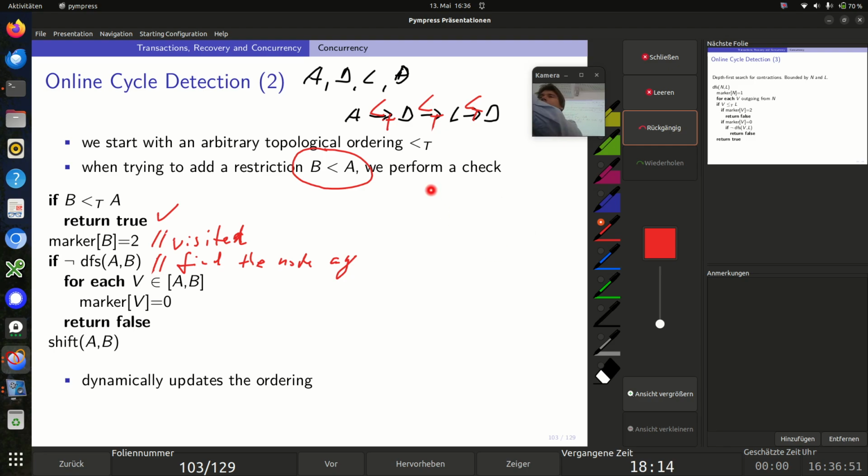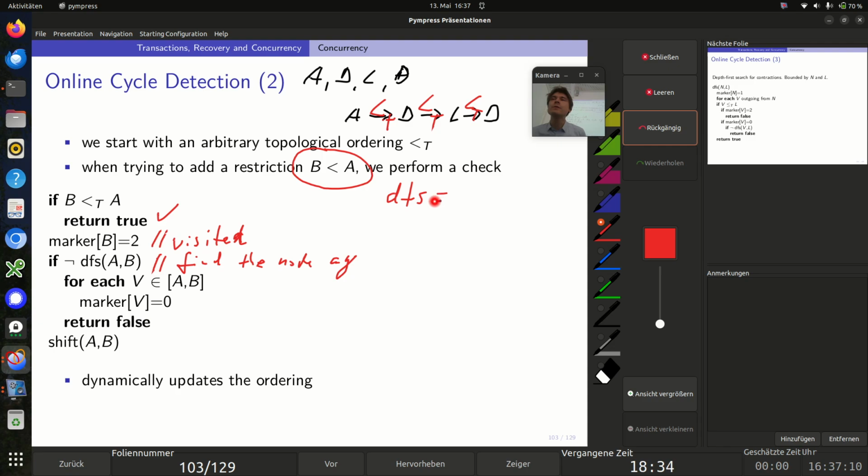Let me remember this marker, it should be equal to V. The DFS returns false if we reach a cycle. Actually, I'm not a fan of this algorithm, I'm trying to understand it right now.